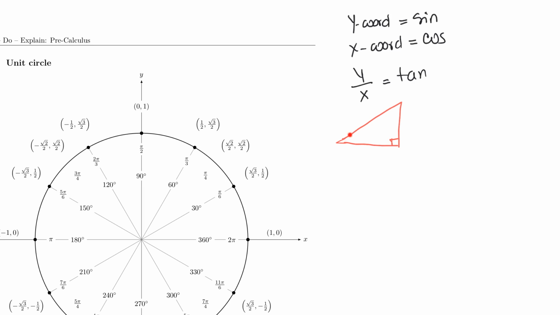This side of the triangle will be the hypotenuse right here, right? Which we already said that if it is the unit circle, this is a radius, so is equal to 1. We are interested in this angle, right? Which is the angle formed between the x-axis and the line that we are interested about.